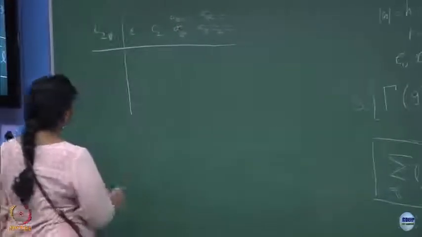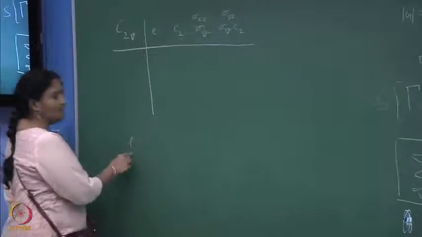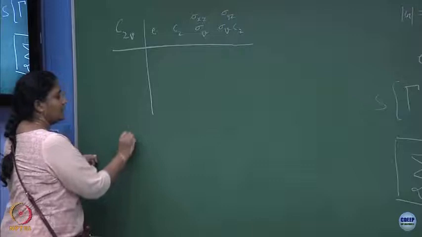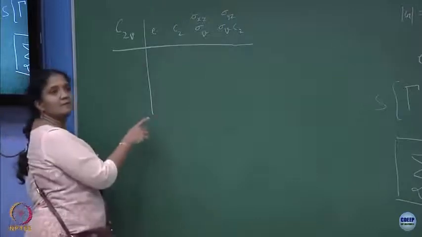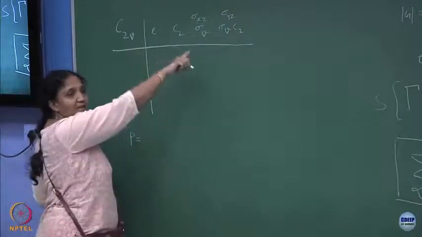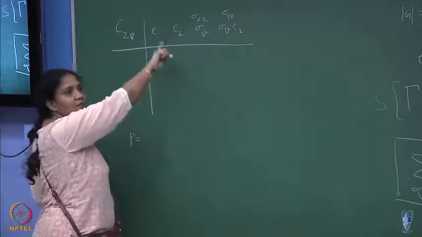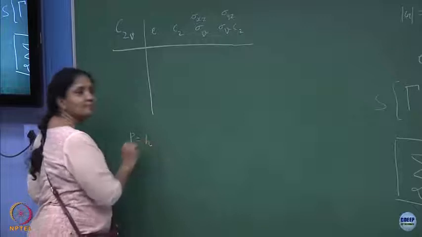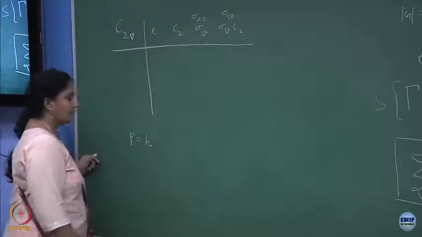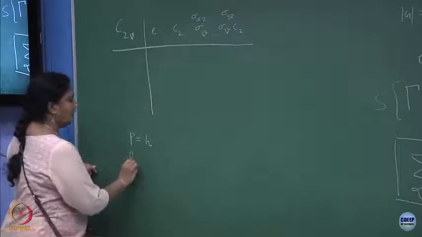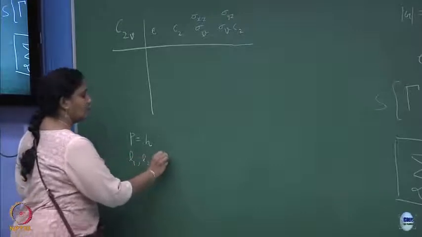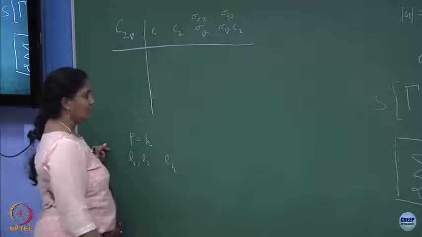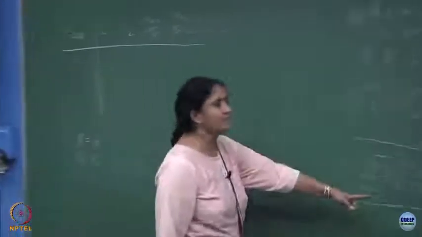So, first of all we need to determine how many alphas are there. Okay. P for this case, it is an abelian group, the number of classes is also equal to the order of the group, P is H. Which means L1, L2 up to LH, correct, and we need to satisfy this condition.